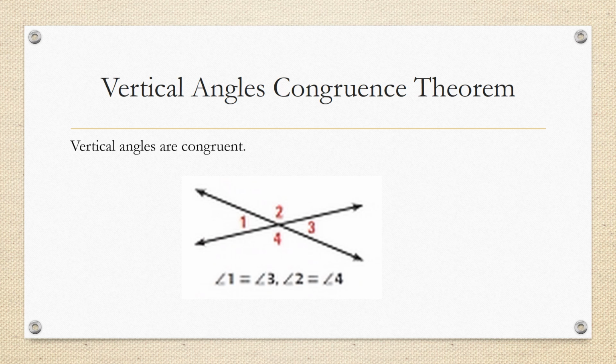So 1 is congruent to 3, 2 is congruent to 4. They have the same measures. So algebraically, if I tell you you have vertical angles, or if you see it in the picture, you'll be able to set them equal to each other. If you need more time to copy, please hit pause.